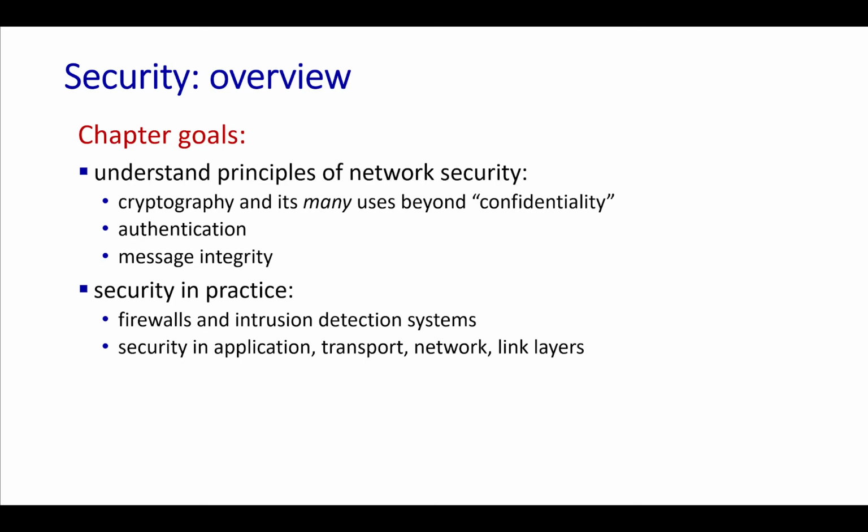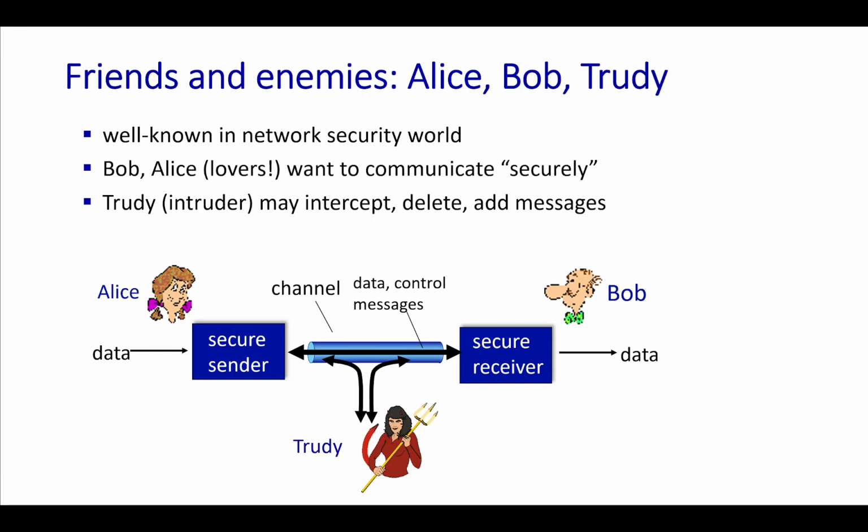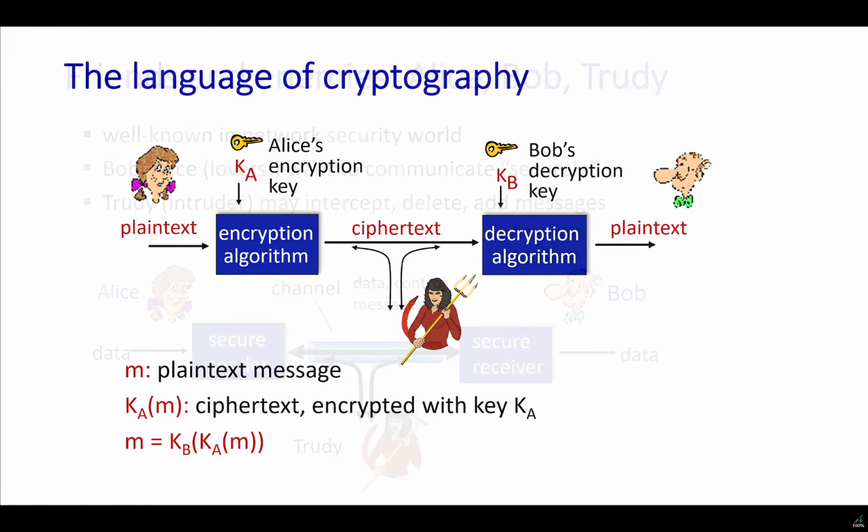So let's see what tools we have at hand that we can use and that are used everywhere in the secure networking protocols. So let's have a look. Again, the same setup. Again, here the network is some kind of black box.